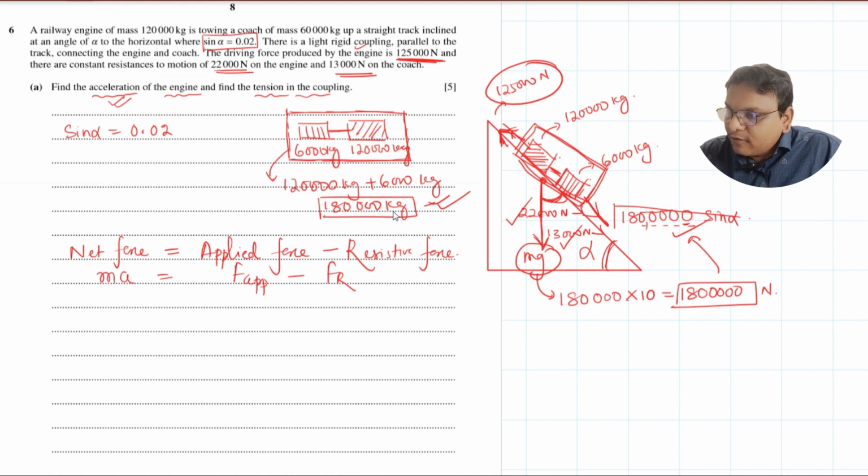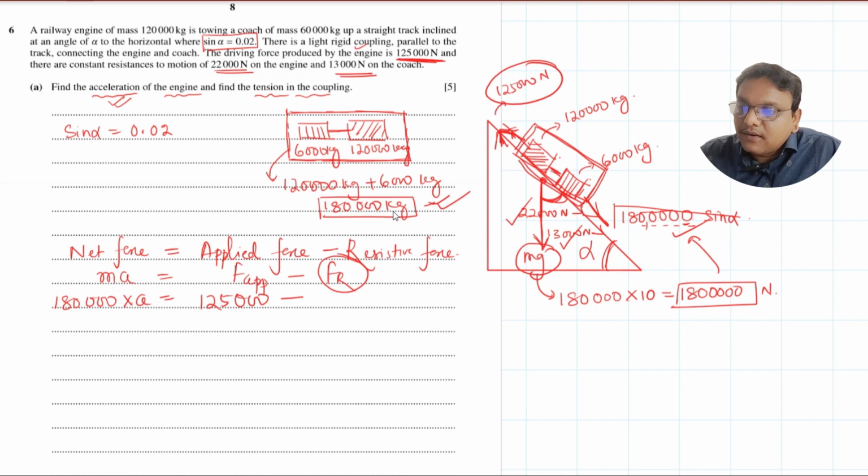What is the mass of the system? 180,000, times the acceleration we need to find, equals the driving force, 125,000, minus all the possible resistive forces acting backwards. So we have minus 22,000, minus 13,000, minus 18 followed by 5 zeros times sine alpha.